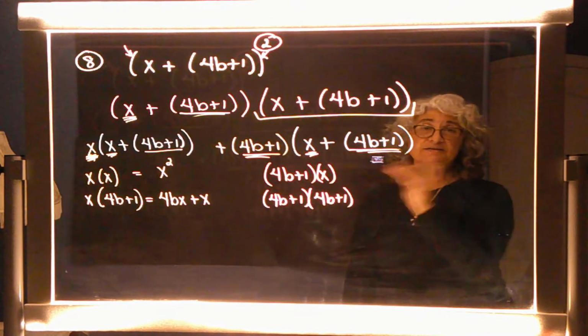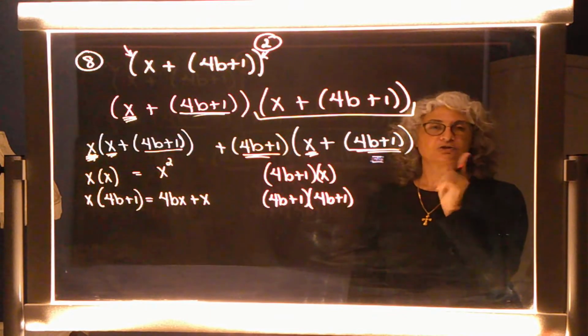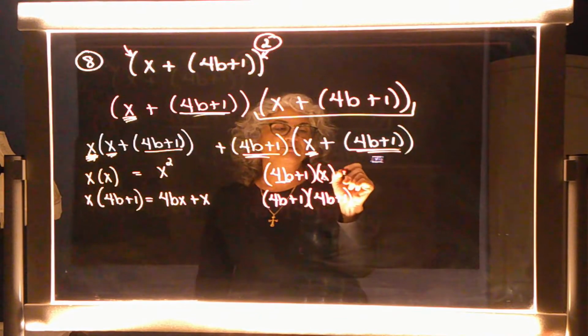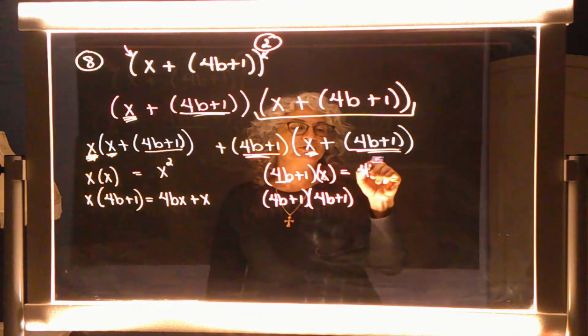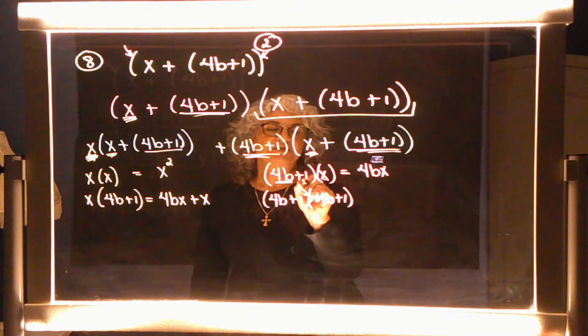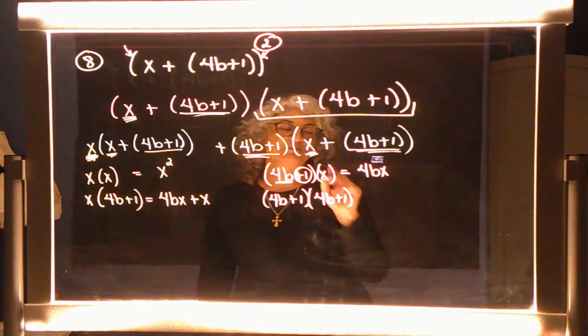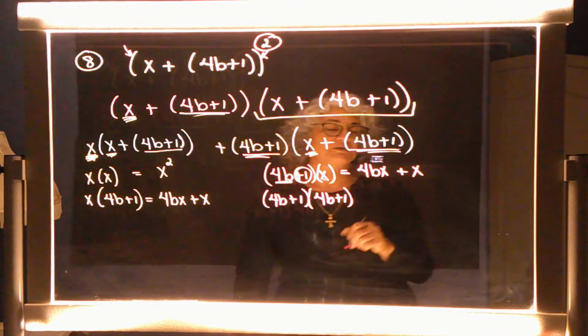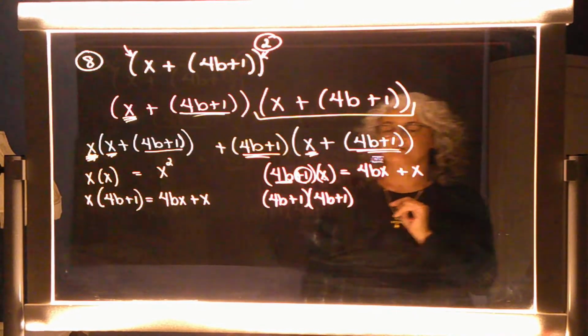You with me on this second setup? Okay, so let's look. So you're going to have to take 4b and multiply by x. What do you get? Good, 4bx. But you also have to take this positive 1 and multiply by the x, which gives you, good, a positive x. With me? Awesome.